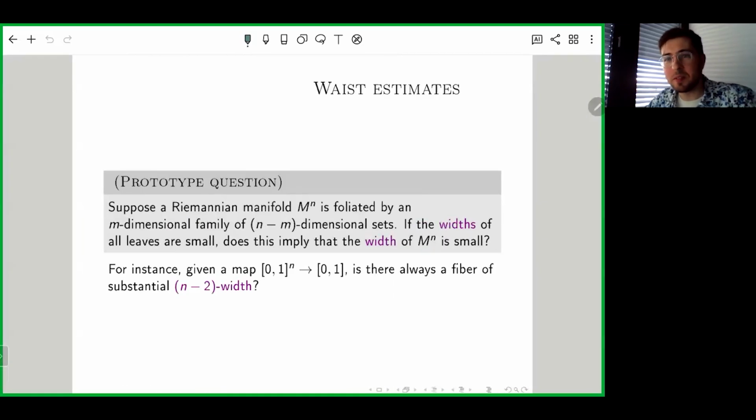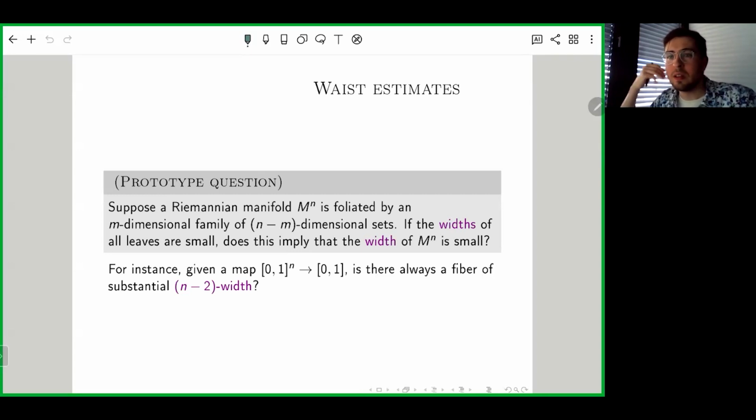So maybe to formulate an even simpler instance, which is already very non-trivial and already useful for some applications, would be useful if the answer was yes to this question. So let's say that your topological ball of dimension n is foliated, sliced in a one-dimensional family of sets of dimension n minus 1. Can you guarantee that at least one of those fibers has dimension n minus 1 in an essential way, so that it cannot be approximated by something lower dimensional?